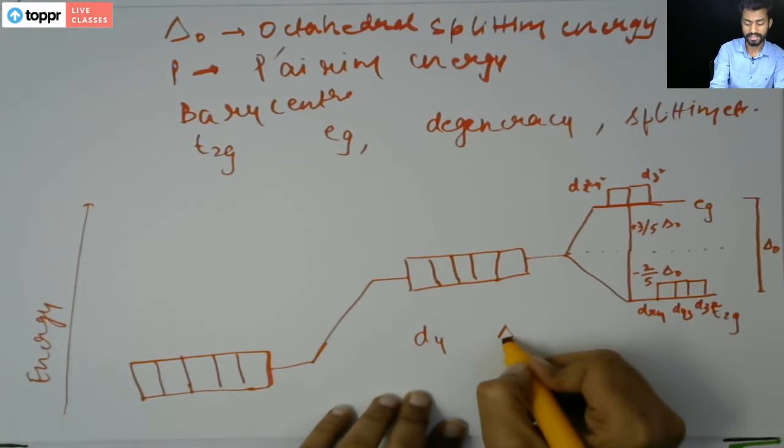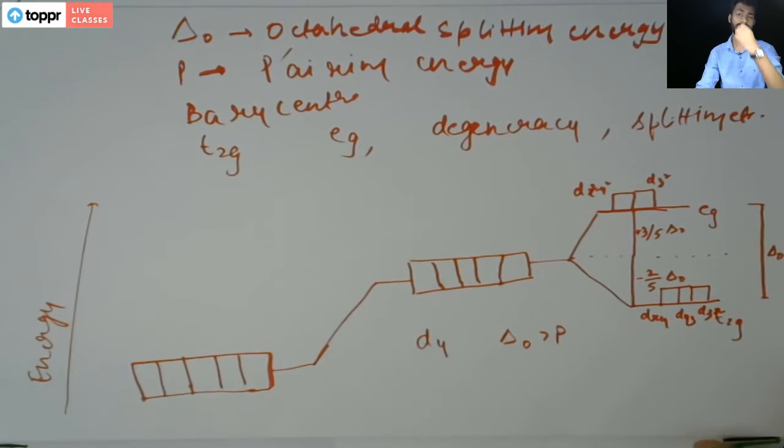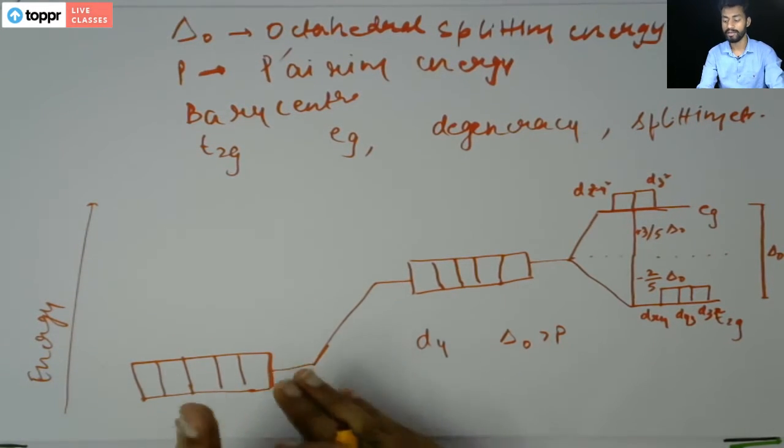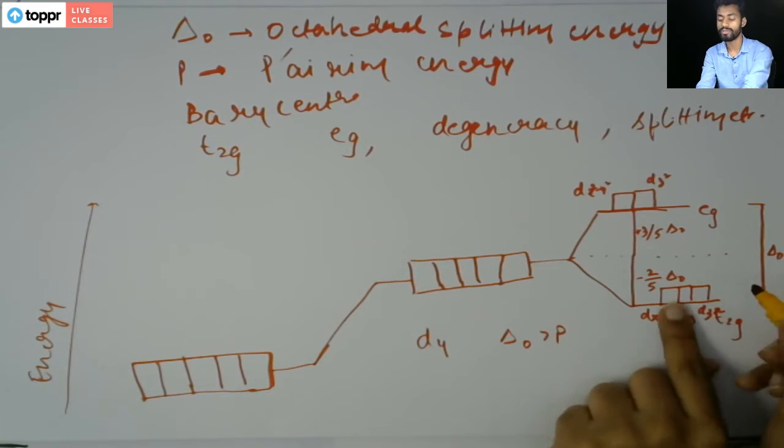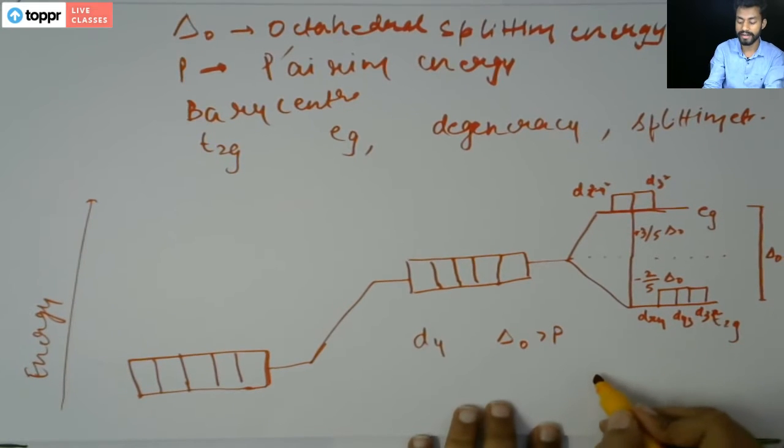If delta O is greater than pairing energy, a question arises: what is pairing energy? Before proceeding ahead, we'll look at this term. Pairing energy is the energy released when two electrons are present in two different orbitals.